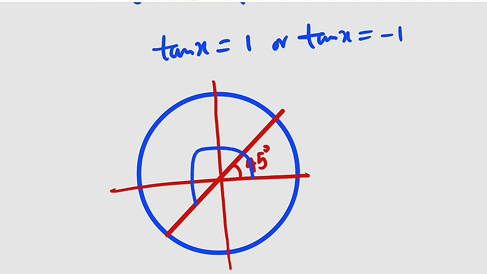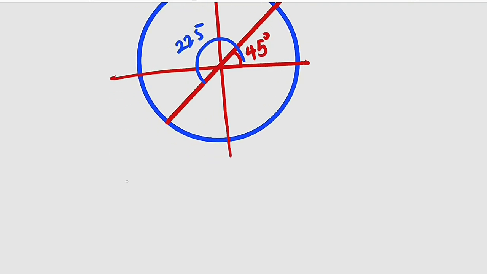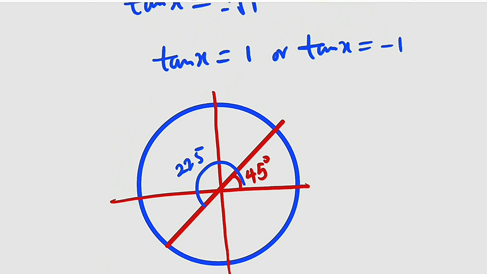From the standard position down to this leg, it will be 180 plus 45. So we have this angle to be 225. So for tangent x equal to 1, we have two solutions. It could either be 45 degrees or 225 degrees. Therefore, from the first one, x equal to 45 degrees and also 225 degrees.